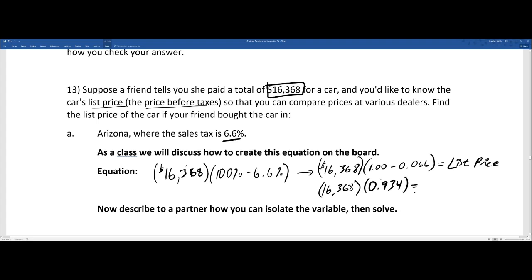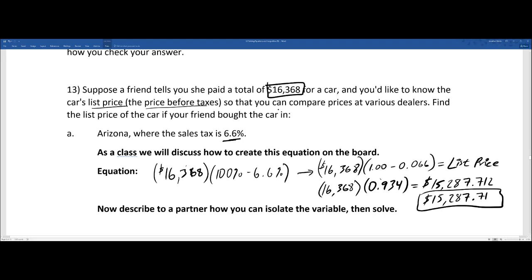And if you multiply that to our $16,368 car, you get a smaller number. That's our list price. It is $15,287.712. But with context, we're talking about money, so $15,287.71. So that is our list price. Okay.